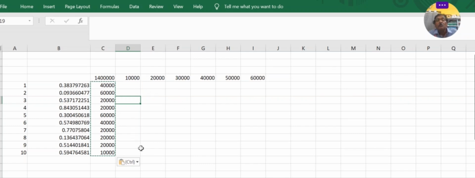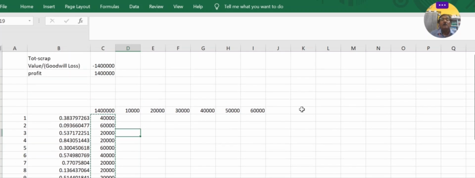You have to calculate the profit for all options with the help of a table. How will you calculate it? For that, first you copy the formula. So where is the formula? C11. Just I have written here =C11. This profit and this profit are the same. This formula I have written here.